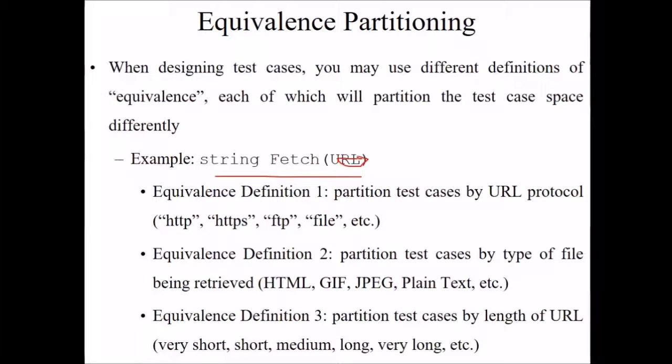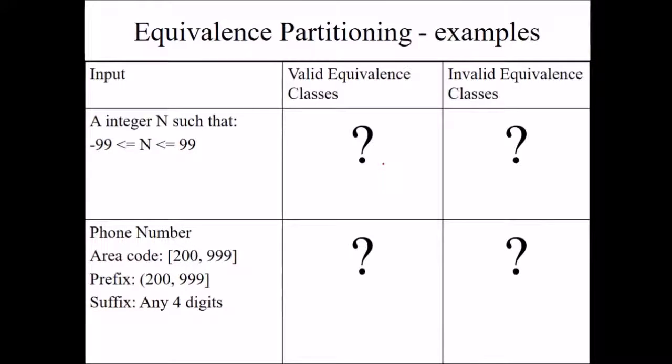And definition 2 says partition test cases by the type of file you are going to get, meaning the retrieved file: HTML, JPEG, plain text, whatever. Now equivalence definition 3 says partition test cases by the length of the URL, whether it is short, long, very long, all those combinations.